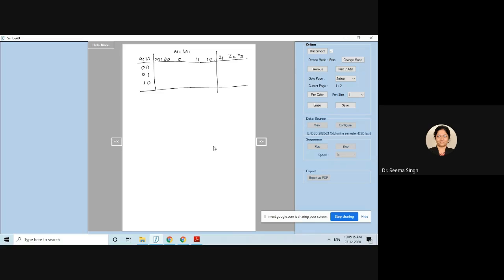And for the present state as 0, 1, it remained at state 1. For state 2, it remained at state 2. And for equality, it remained at equality. And for greater, it changed the state, and this is simply a copy of the previous table.